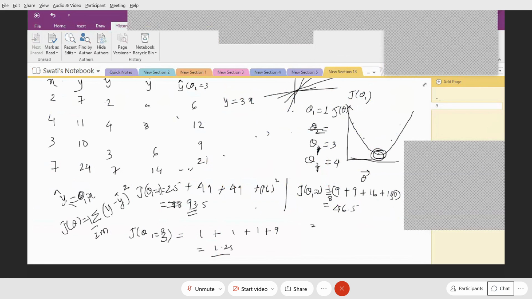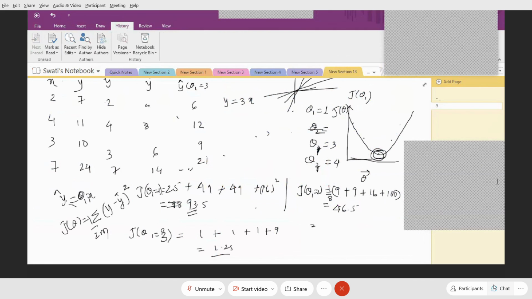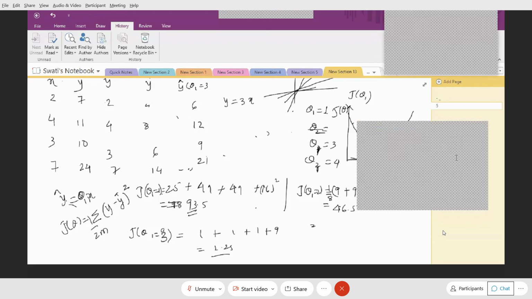Why is it a bow-like function and not some other function based on J theta? Which one is the bow-like function? I didn't get the question, Sunny, because you have already written the comment to everyone.